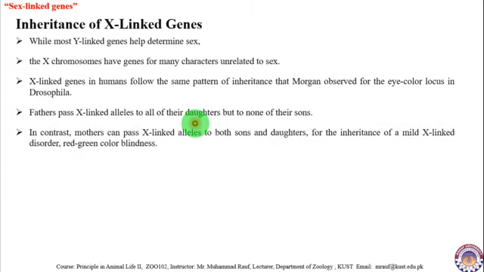In contrast, the mother passes its X chromosome both to its sons and daughters for the inheritance of a mild X-linked disorder, red-green color blindness.